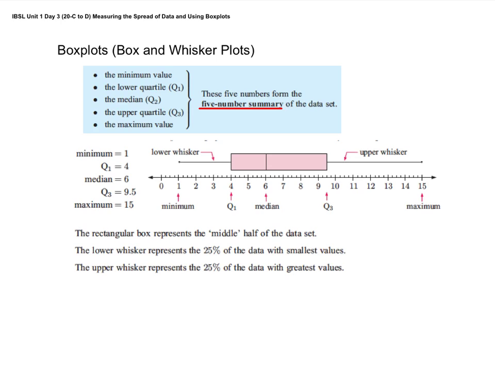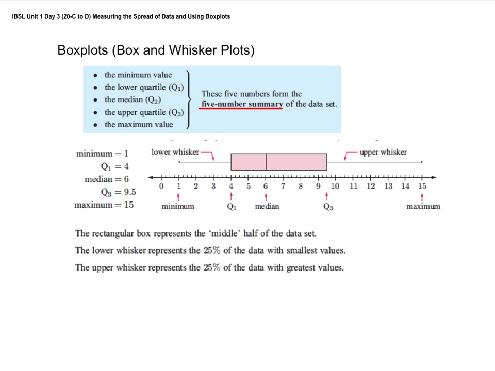Let me just introduce you to an important term, the 5-number summary. If I ask you what the 5-number summary is, I expect you to know what's incorporated into that. Notice it's really just all the quartiles. You have the minimum, which you could call the Q0 if you really wanted to.